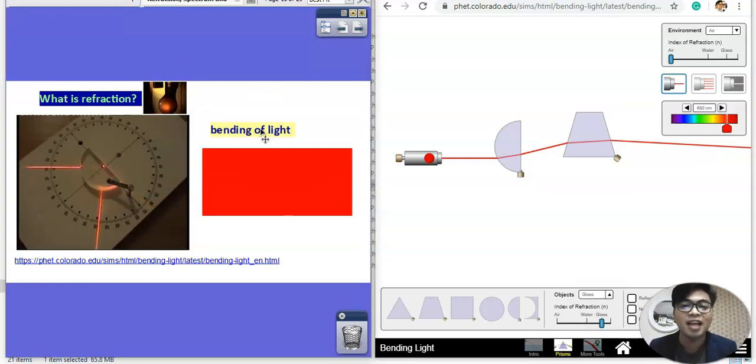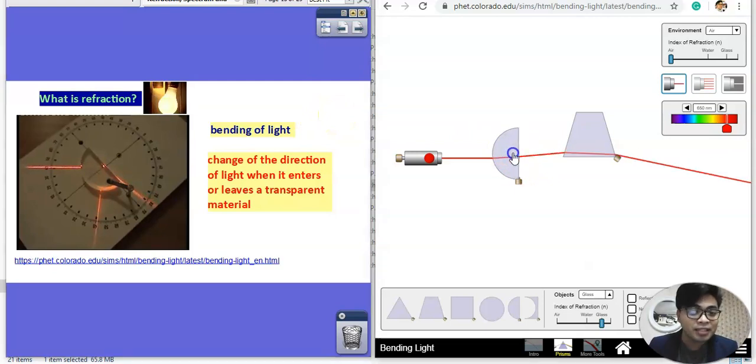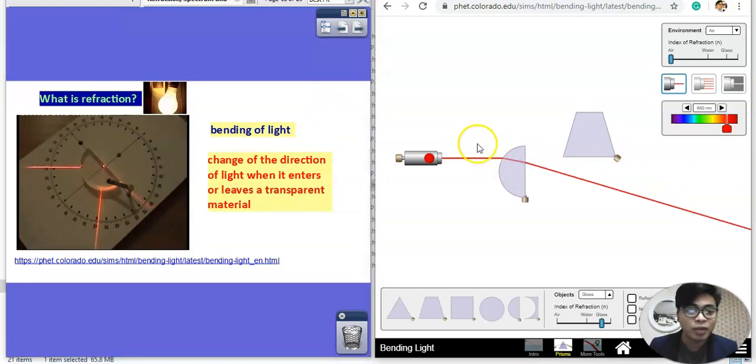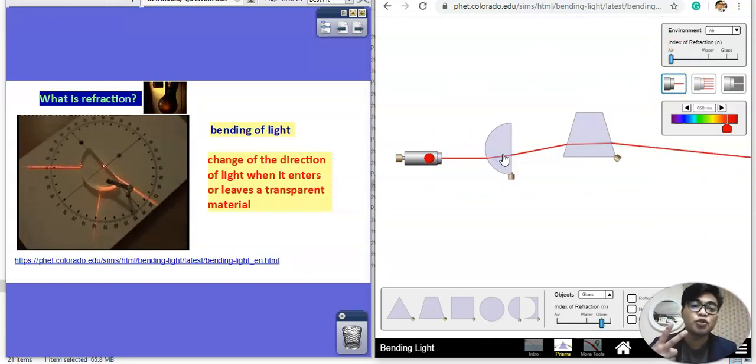So what is refraction? Refraction is simply the bending of light. When the light reaches a different material, here the environment is air, and this one is glass, so you have two media, the air and then the glass. When the light reaches a different medium, it changes its direction. So the change of direction of the light when it enters, or in this case leaves, a transparent material, the air and then the glass.